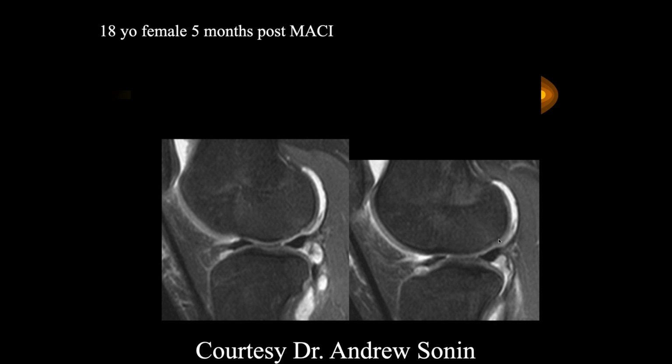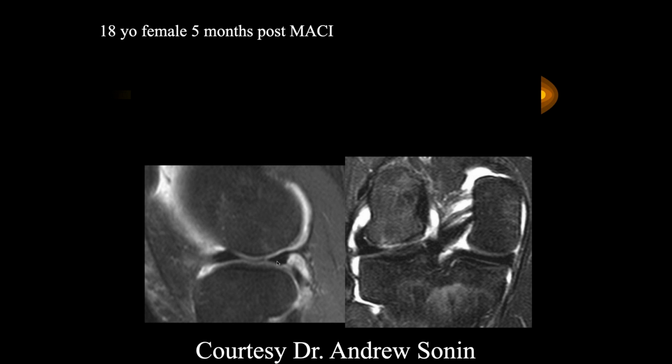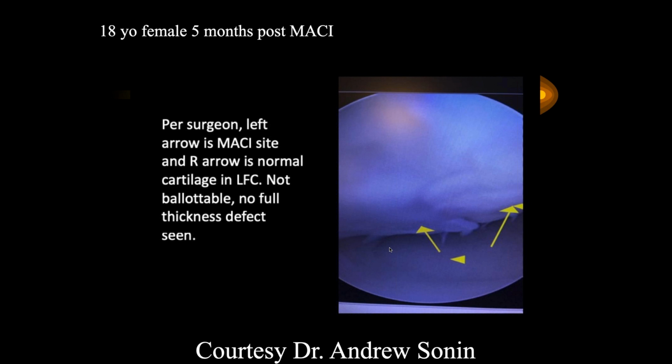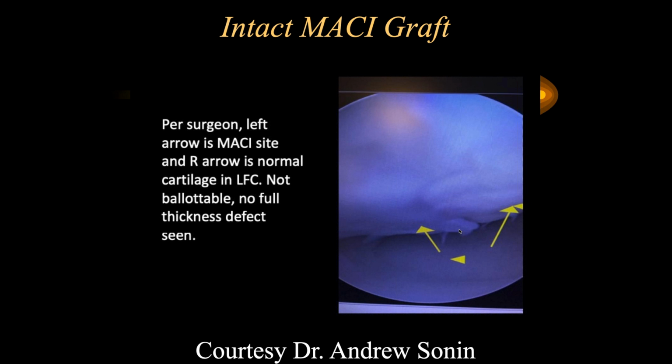But it does look like there probably is filling in of cartilage overlying the defect, but it's much thinner than the native articular cartilage in this patient. Maybe over time it will thicken a little bit, but here's the area of the transplant implantation. And then here's the arthroscopic view of this. So they saw no full thickness defect, but the cartilage is kind of thinned and irregular over that area, and so it's intact.